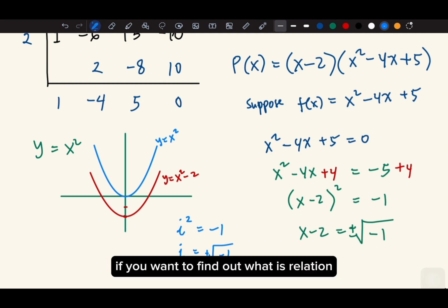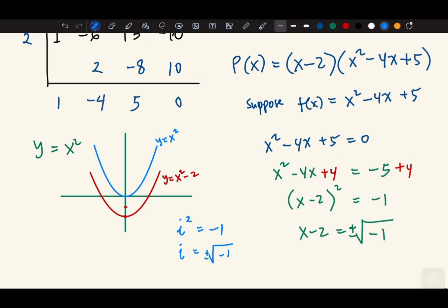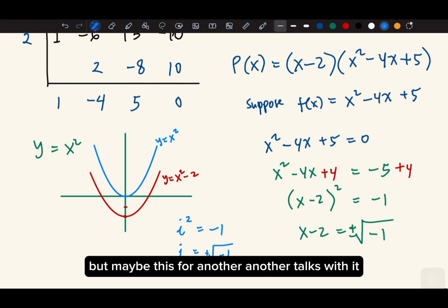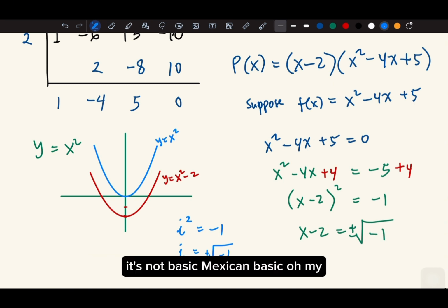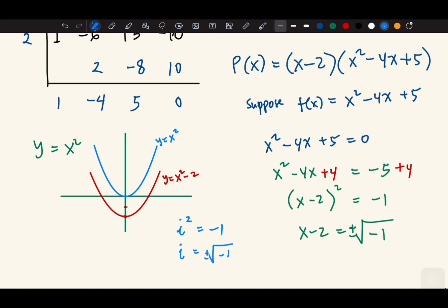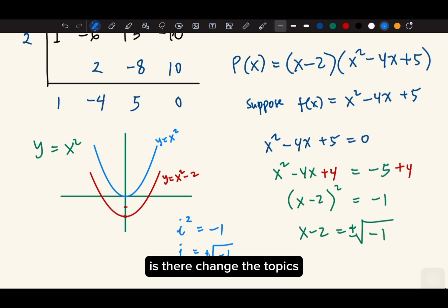Somehow we can make an axis, like this is the real number axis, this is the imaginary axis. There is a way to do that, but maybe that's for another talk. It's not the basics. Okay, so change the topic.